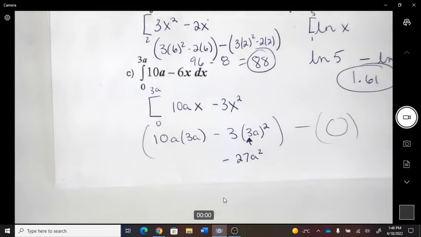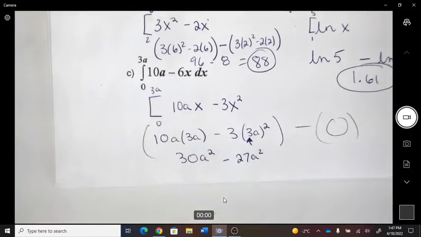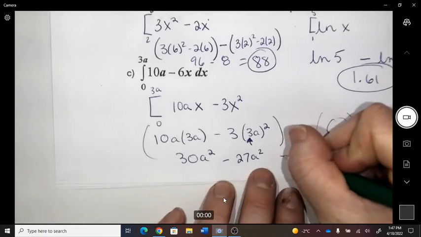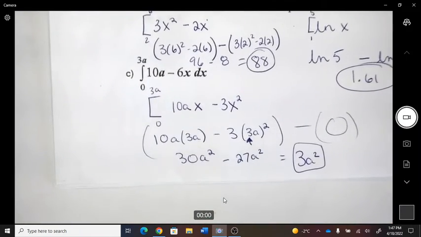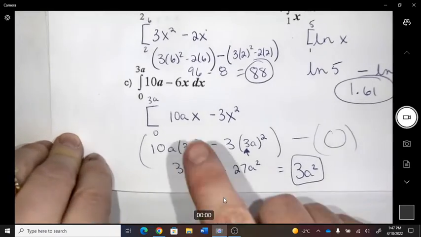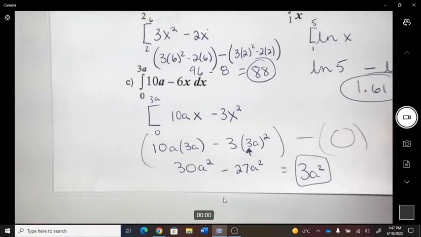That's where I would probably catch people forgetting to do the square on the 3. Okay? So just be careful on the math part of it. And that's your answer. Okay, so don't derive with respect to a. Make sure you think of that piece as just a number.